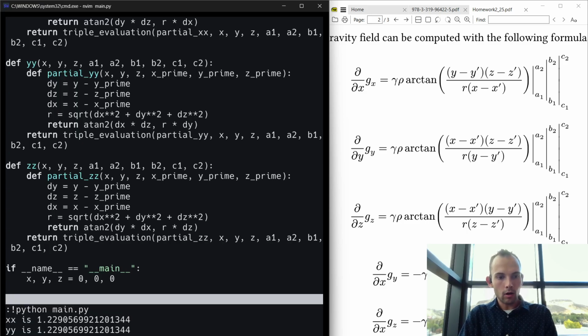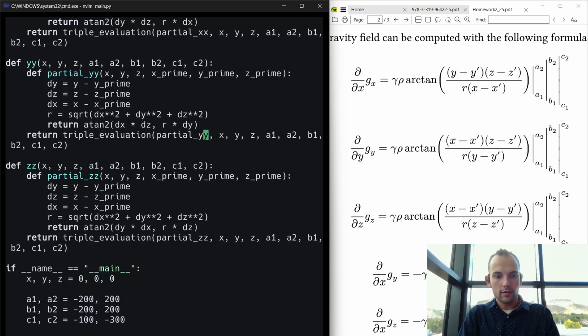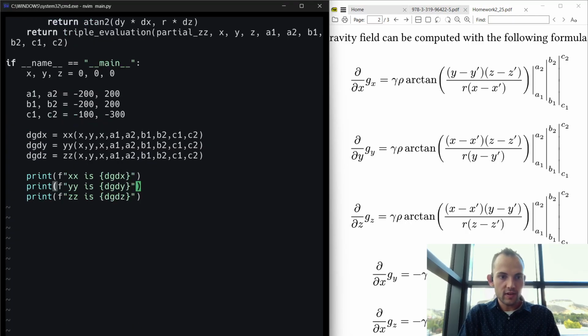Okay, and already you can kind of see that Laplace's equation is being satisfied at this point. So maybe we can just drop an assert down here, just to make sure that at all times Laplace's equation is valid, less than a small number.